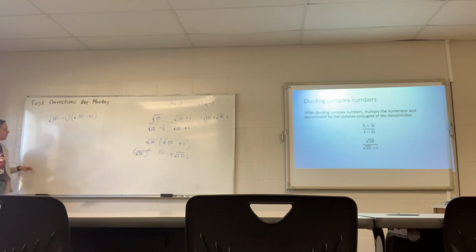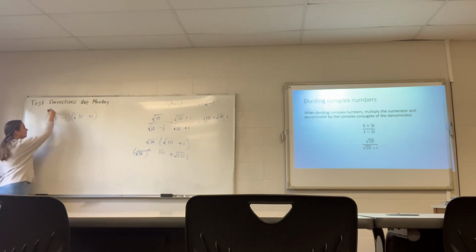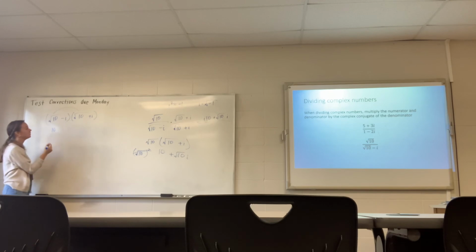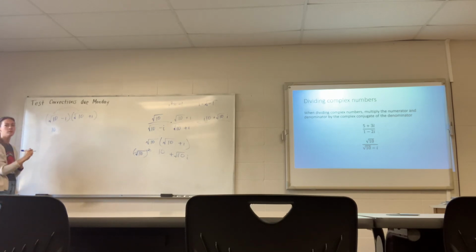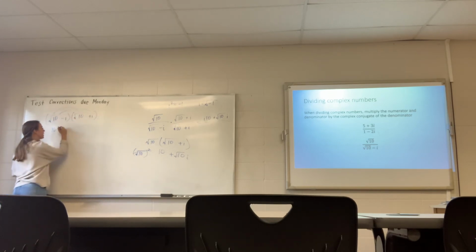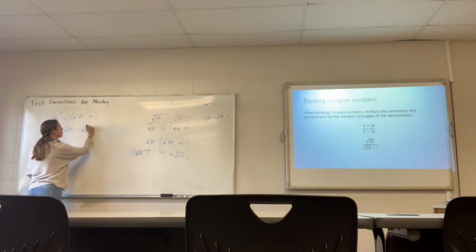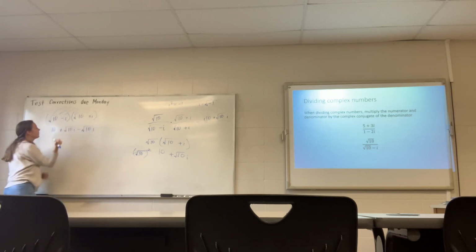Haley Berry, will you help me? Yep, so the first terms would just be 10. Then the square root of 10i. Yep, square root of 10i. And then negative square root of 10i. Yep. And then the last one.